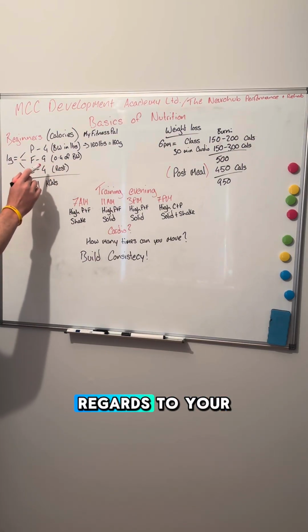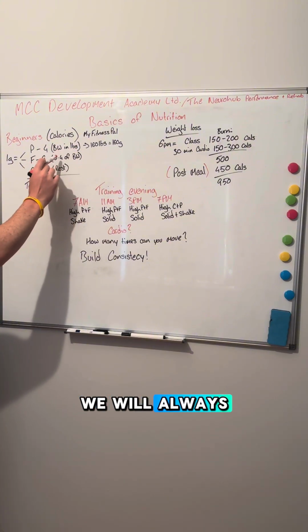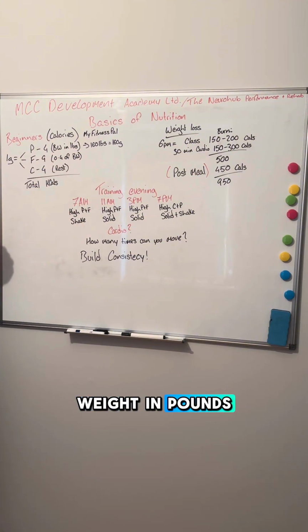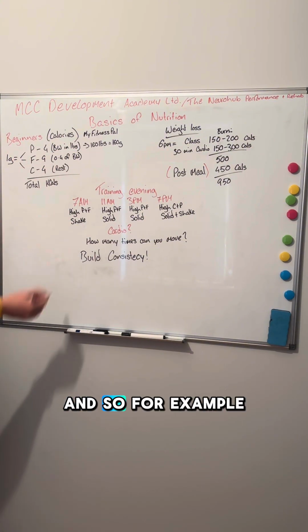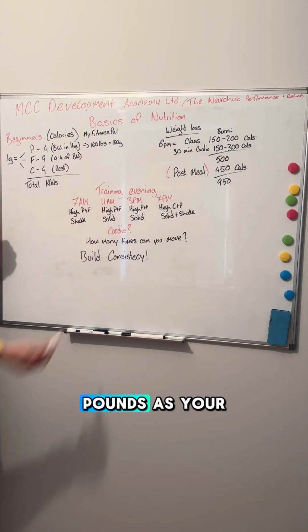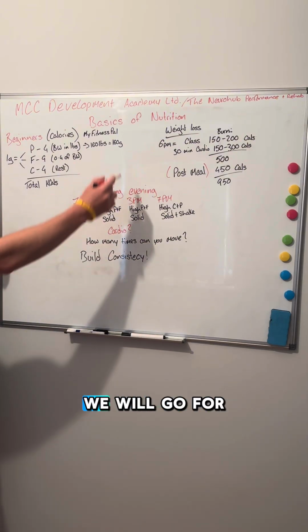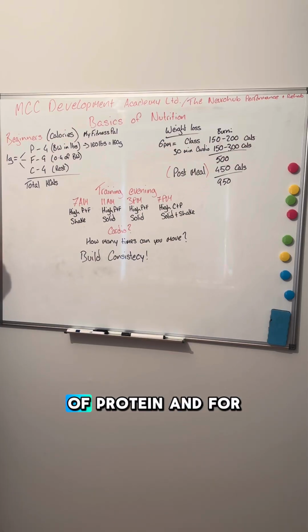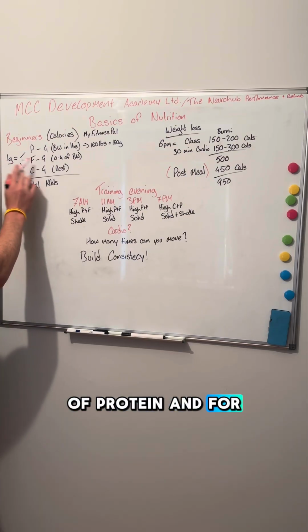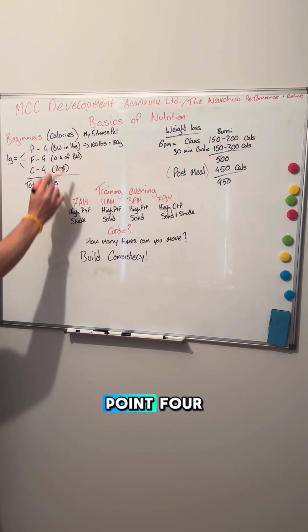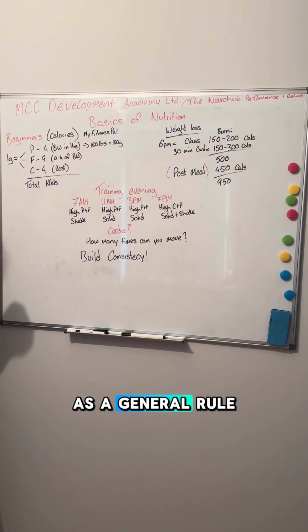With regards to your body weight, we will always try and hit your body weight in pounds. So, for example, if you were 160 pounds, we will go for 160 grams of protein. For fats, we will go at 0.4 of your body weight as a general rule of thumb, and obviously this changes with some people depending on their scenario.